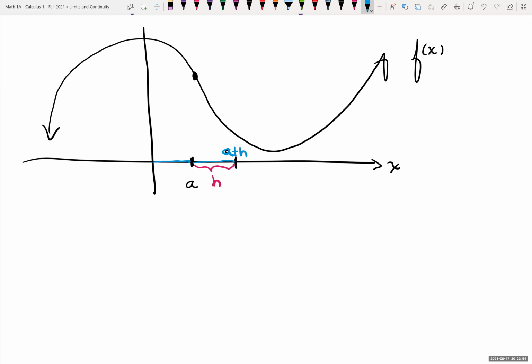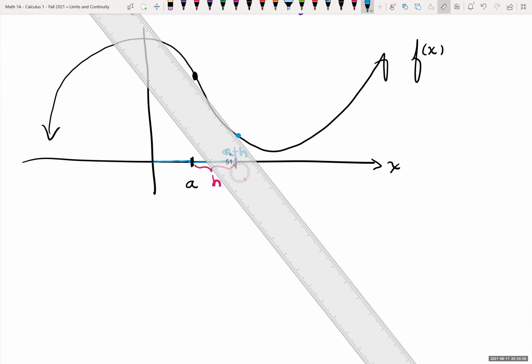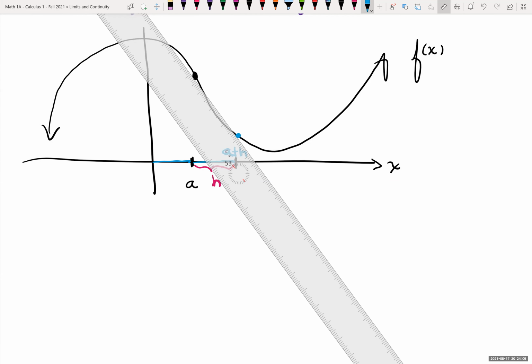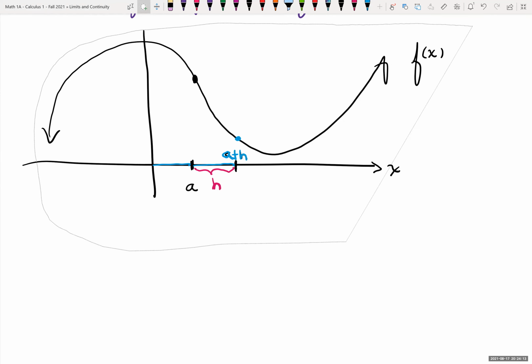And so if I did that, and I find the slope between those 2 points, and before I do that, I'm going to save this so I can just copy and paste. Okay, perfect.